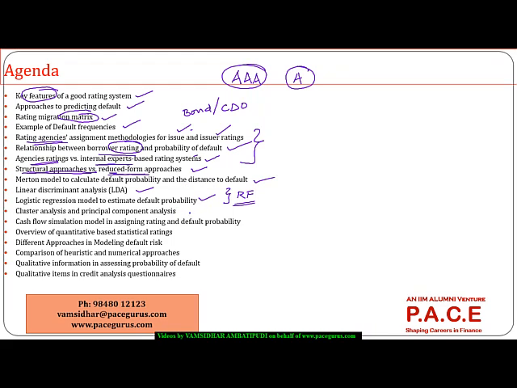And we have a few non-parametric kind of models also that are coming into picture, or probably let me not call it as non-parametric. We have unsupervised kind of learning methods. The analytics world calls them as unsupervised learning, where we would be covering cluster analysis as well as principal component analysis.